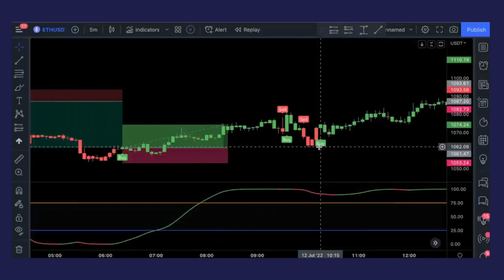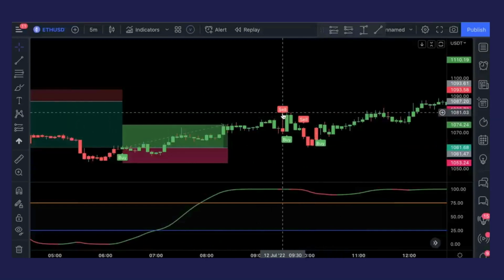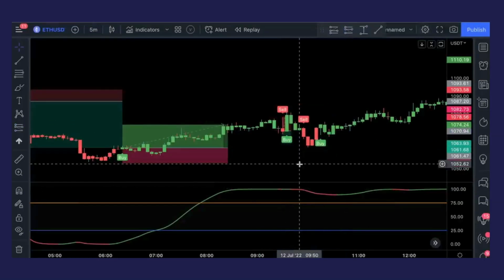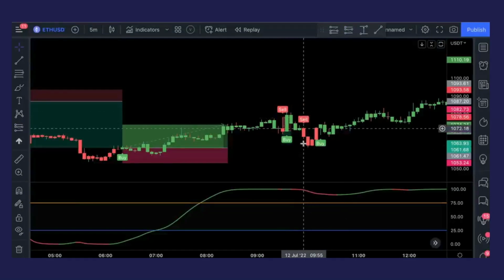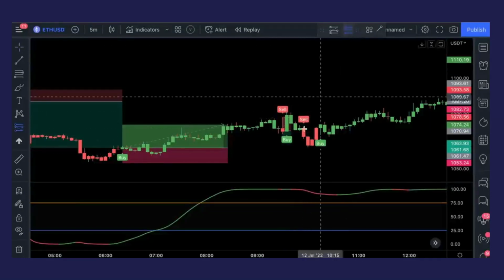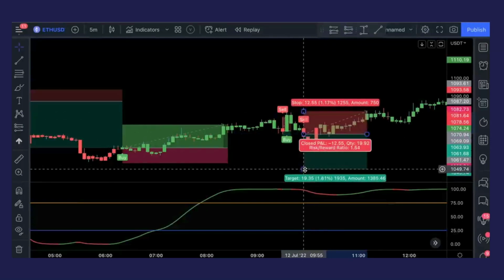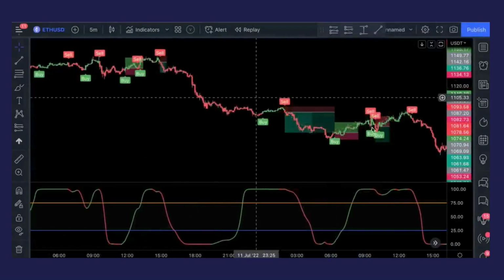Okay, so this is where we start having some problems with the strategy. So we see that this sell signal was actually confirmed. And we clearly see that this was a losing trade. The next sell signal was also confirmed. And this is where we have another losing trade, so that's 4 wins against 2 losses, which is definitely pretty good.